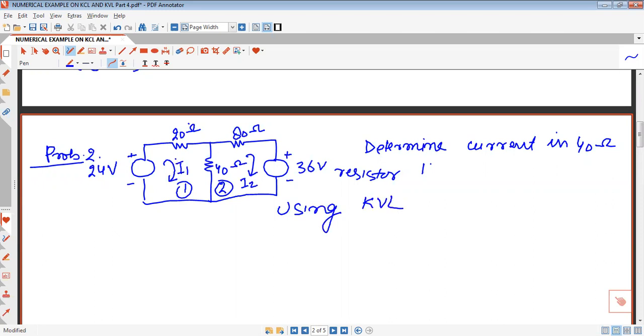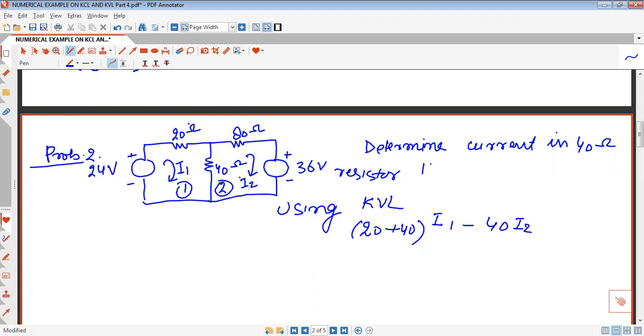We can write the equation as: I1 is going through 20 ohm and 40 ohm, so we write the sum of these two resistances multiplied by the current, 20 plus 40 multiplied by I1, minus 40 I2, because I2 is the current which is common to this loop.